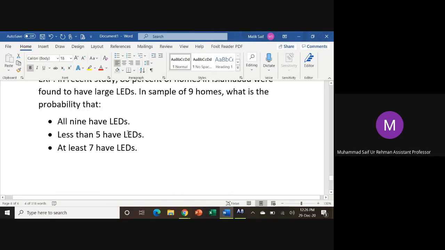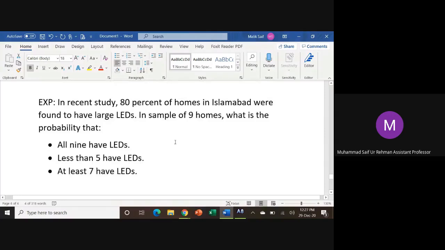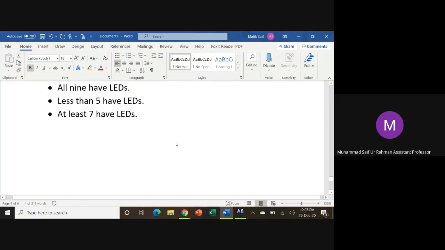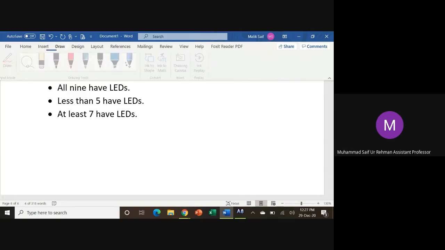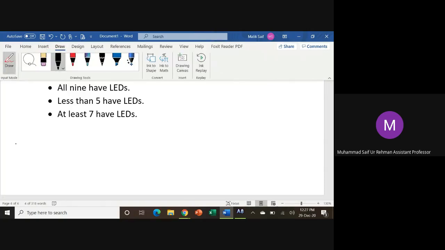How will you solve it? Basically, you have to see that there are only 2 possibilities: LED is there, or LED is not there in the home. So binomial probability distribution, and in this case all 9 have LEDs, so probability of X equal to 9.